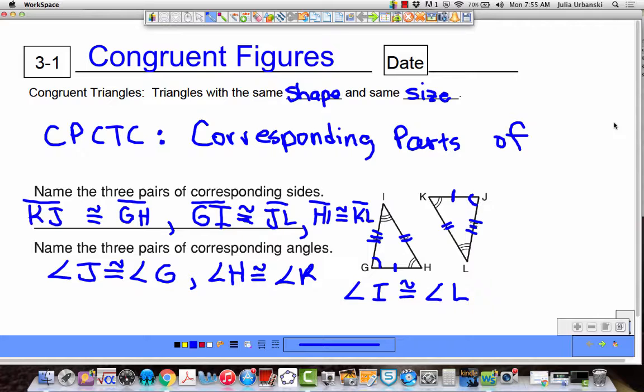Angle is part of the corresponding parts. Corresponding parts of what? Congruent triangles, that's right. Congruent shapes in general, and this one triangles, that's right. Corresponding parts of 2 congruent triangles are congruent.